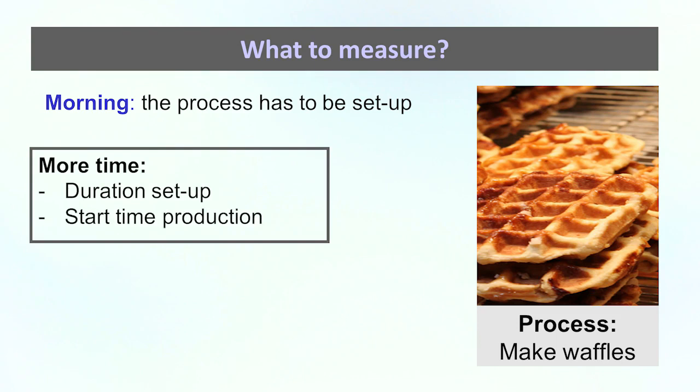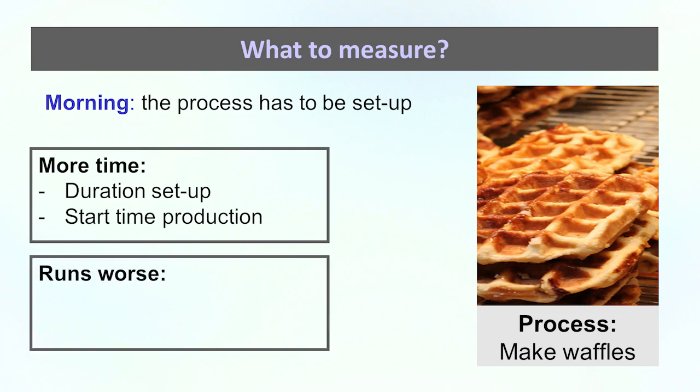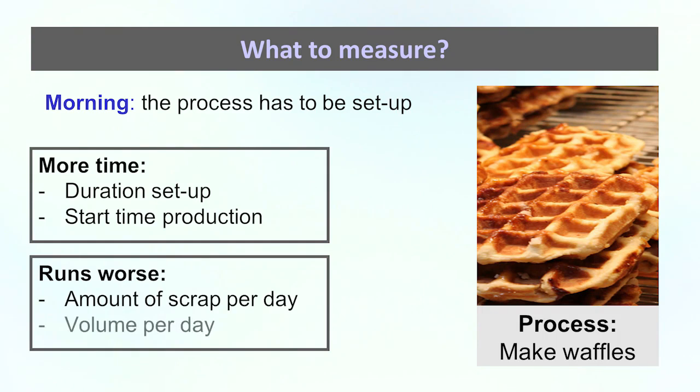The second aspect is that the process runs worse on Mondays. But what does worse mean? Well, in this example, this means that there is more scrap produced. So, to measure how well your process runs, you can measure the amount of scrap and you can measure the volume, that is the total production of a day.